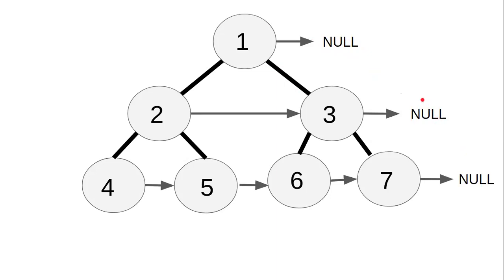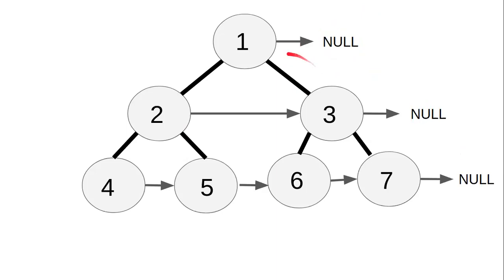Because in the beginning of the explanation, I showed you that initially the next node of every node is set to null. It is initially done, so I did not need to take care of the next node explicitly. It is already taken care of. So basically this is the solution, the algorithm that I'll be using for solving this particular problem.